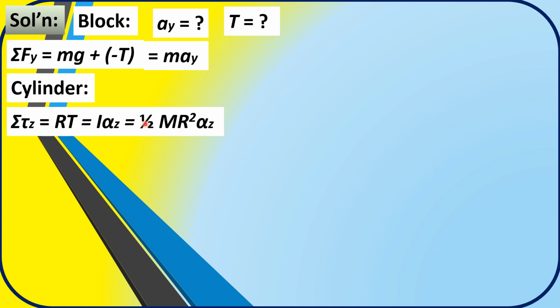That's why it is 1/2 multiplied by capital M and the square of the radius capital R. And that will be multiplied, of course, by the component of the angular acceleration along the z-axis.